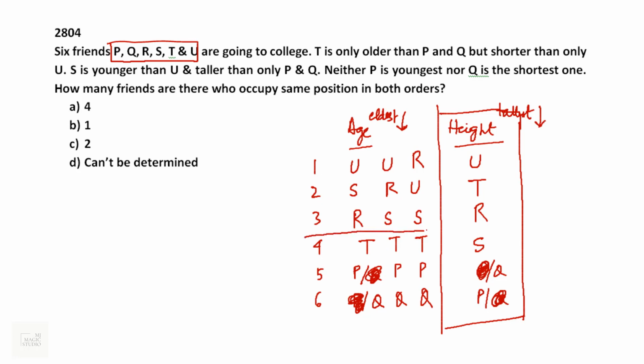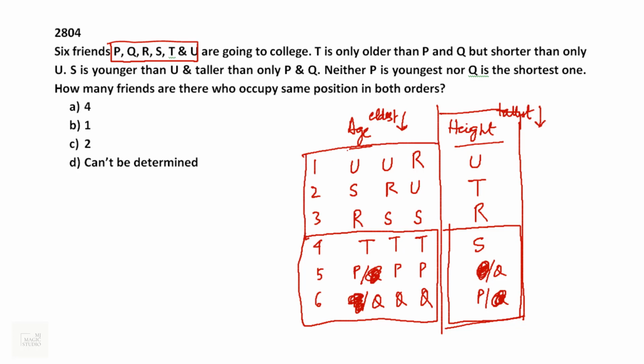These 3 are fixed. We know this is T, P, Q. But here they are not matching. It is S, Q, P, then T, P, Q. But for these 3 positions, we are still in confusion. This may be correct, this may be correct, this may be correct.